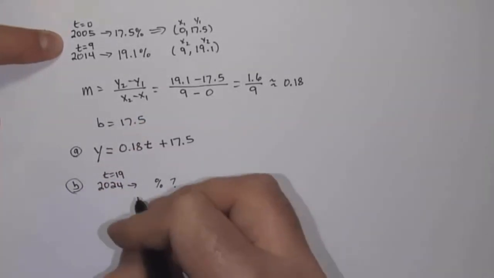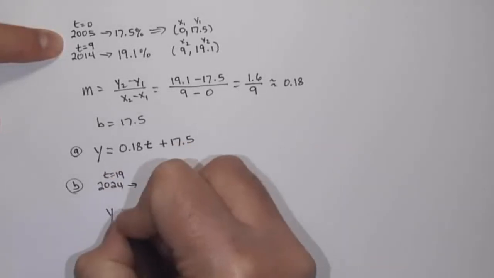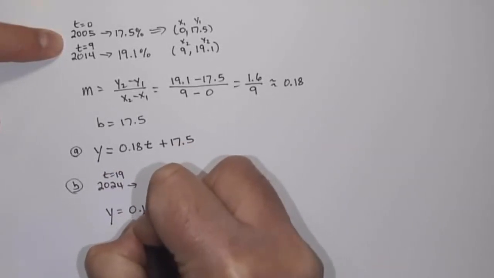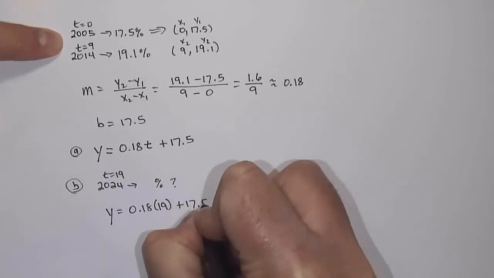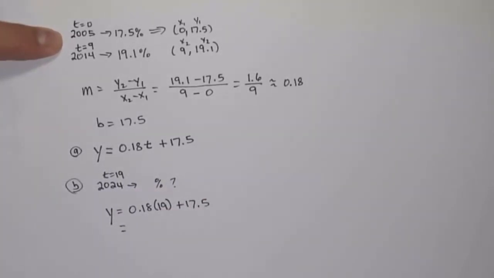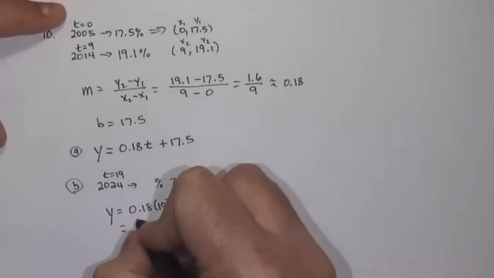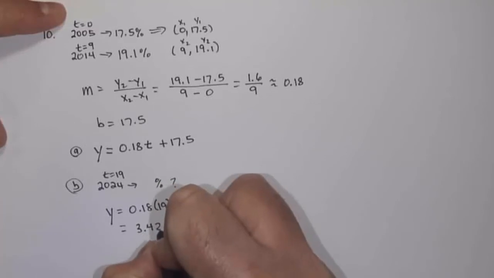So I'm just going to substitute 19 for t. So I get 0.18 times 19 plus 17.5. Well, 0.18 times 19 is 3.42.